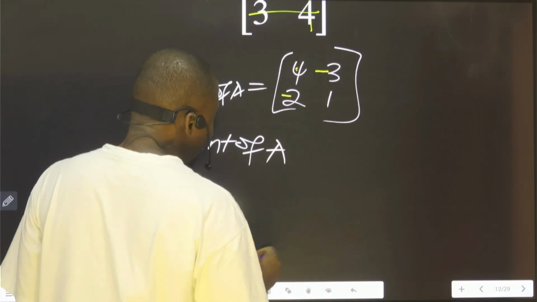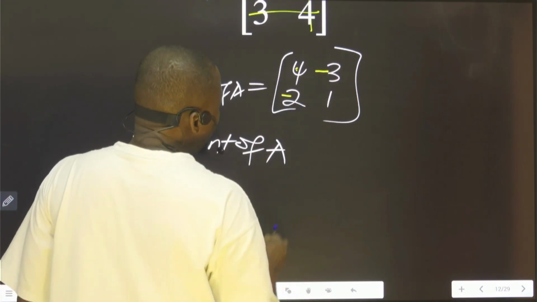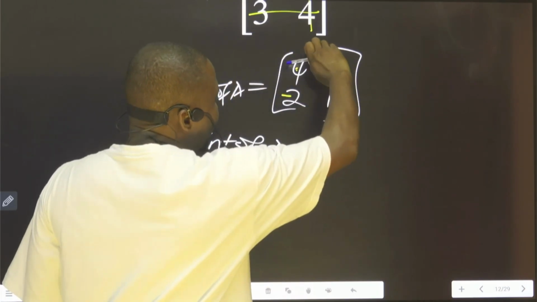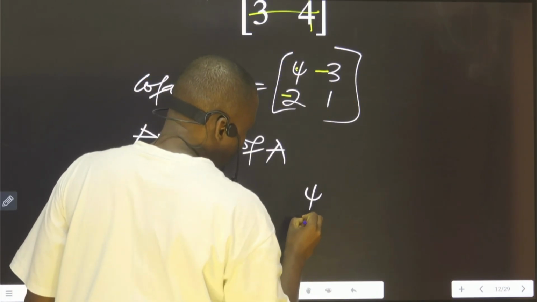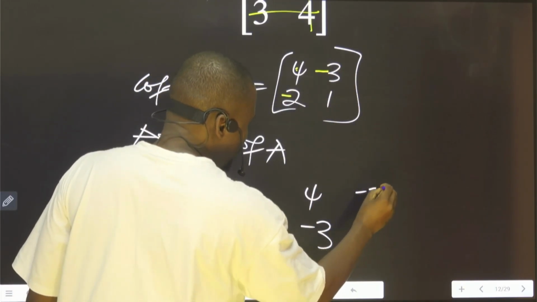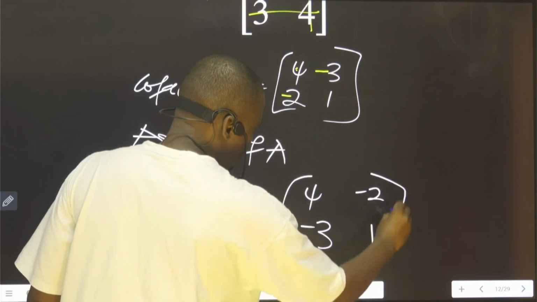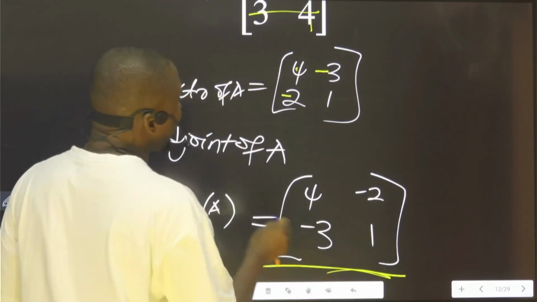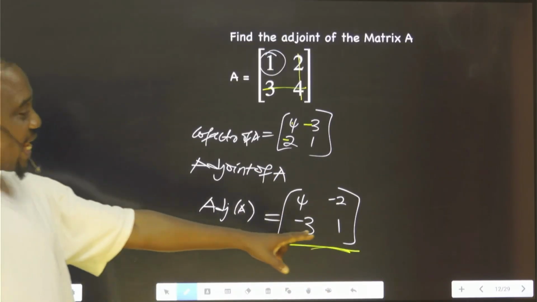Remember, transpose is row becomes column. This row, instead of being like this, will become like this. That is 4, minus 3. This one, row becomes column, that is minus 2, 1. So this is the adjoint of matrix A.